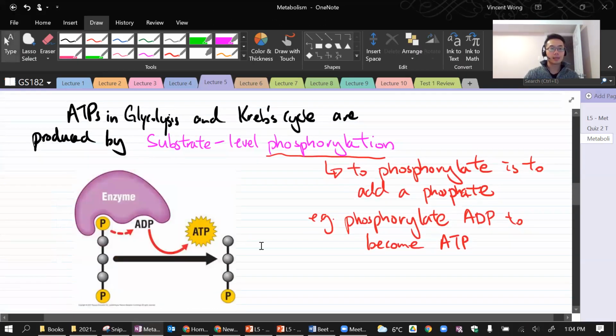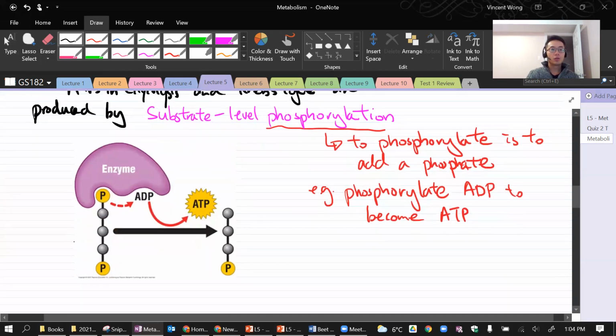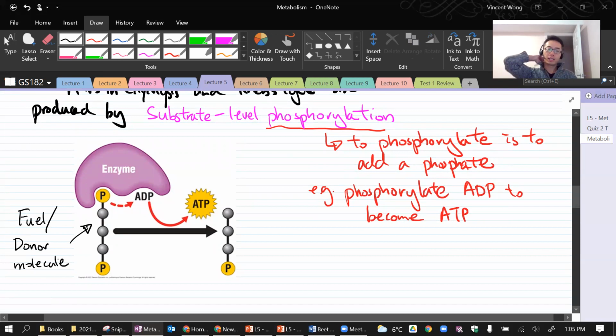Okay. So we need 3 things. We need an enzyme to catalyze a reaction. We need a fuel or donor molecule. This is a molecule that has some phosphate on it, and we can remove that phosphate. And then we need ADP.